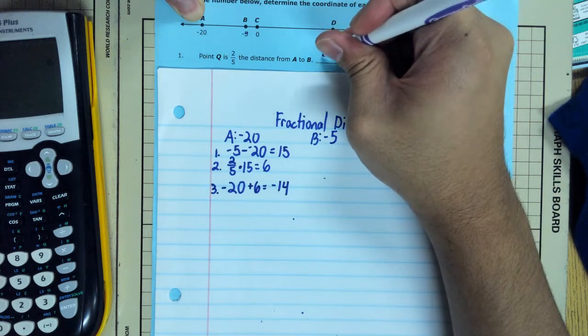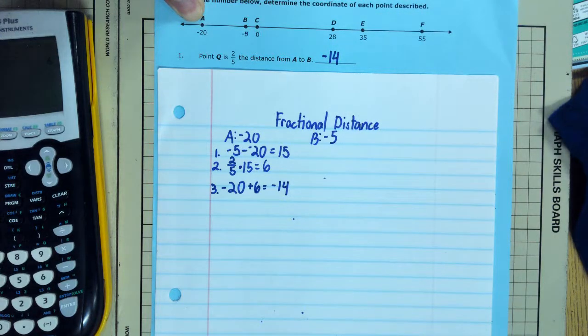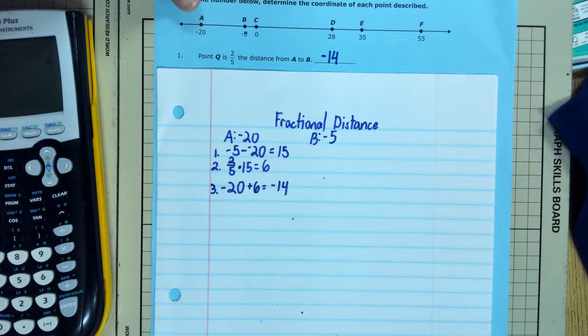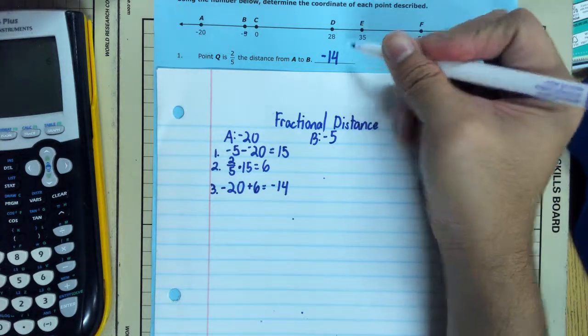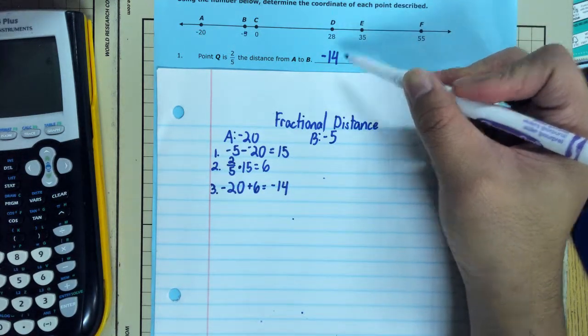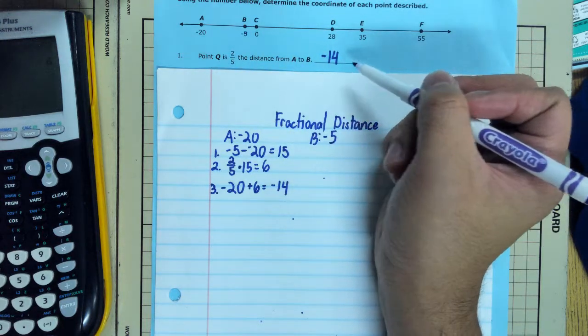So 2/5 of the distance is at -14. And previously I stressed, distances are always positive. It doesn't make sense in context for me to say, I drove -14 miles. However, -14 here is not the distance. It's that point Q is at -14.